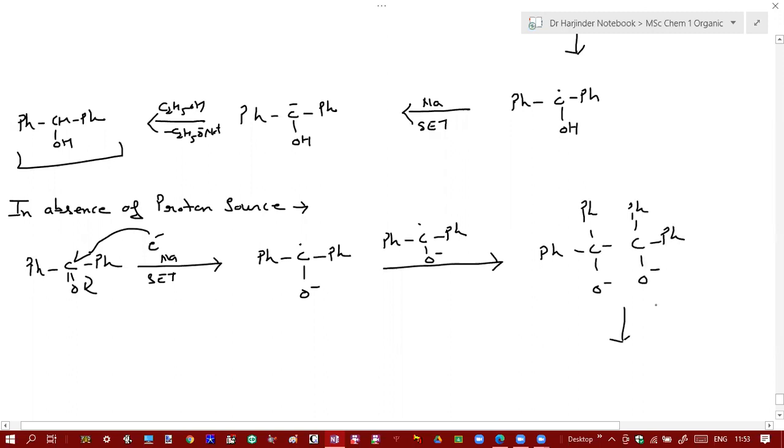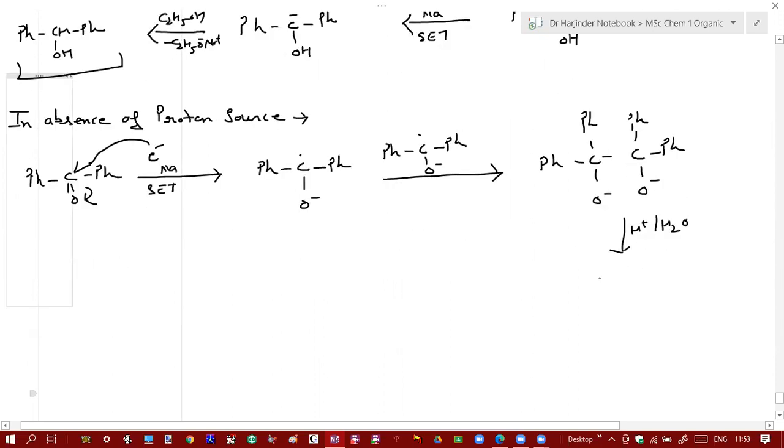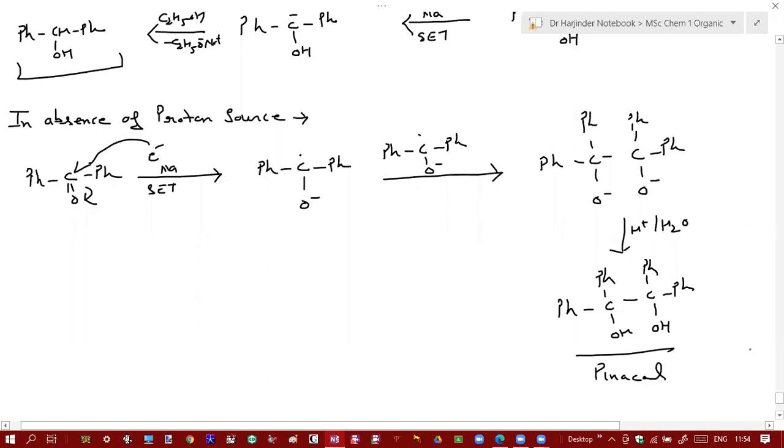If you finally do its hydrolysis after the end of the reaction, the O negative will take an H plus ion and this will become a 1,2-diol. This product is called pinacol. So what's the name of this reaction? Yes, it's the pinacol reaction.